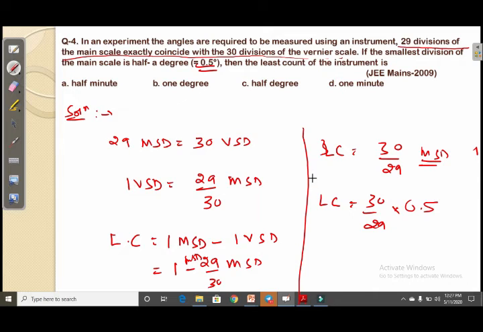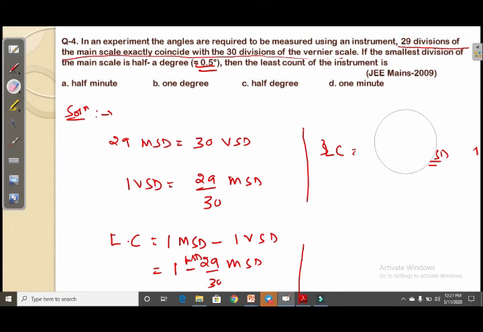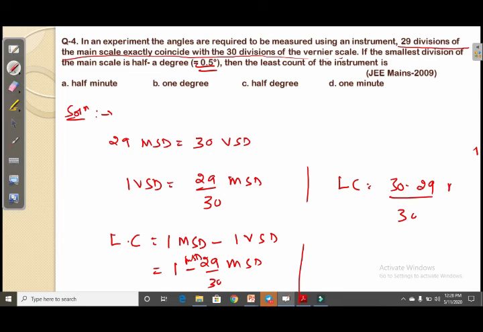Oh, sorry, I have committed one mistake here, sorry for that. LC is equal to 30 minus 29 divided by 30 MSD, so this is correct.